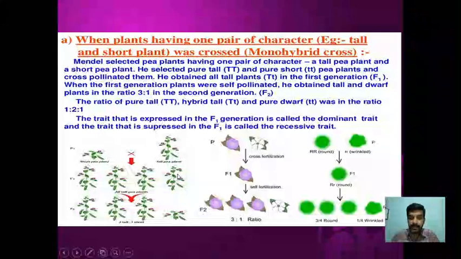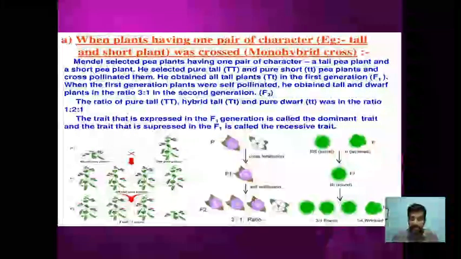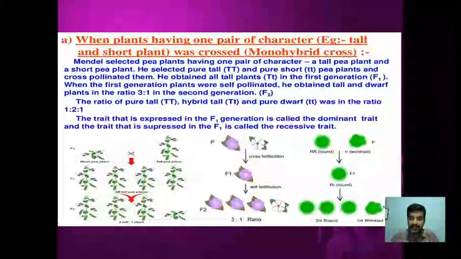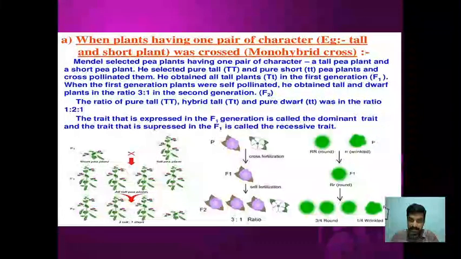Then when Mendel crossed the pea plants, first he started with simple experiments. Even though there are plenty of characters, his observation was focused on only one particular character, say the height of the plant. He found two contrasting traits: one tall and the other dwarf, or shorter, plants, right?